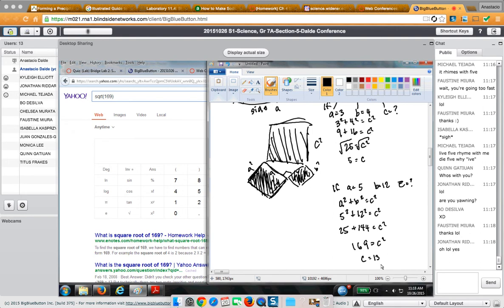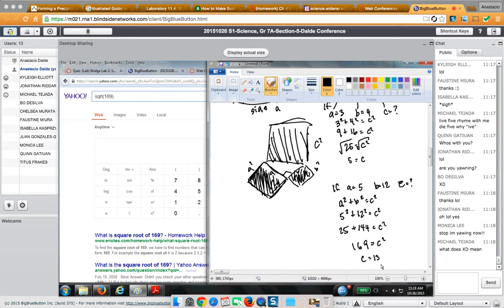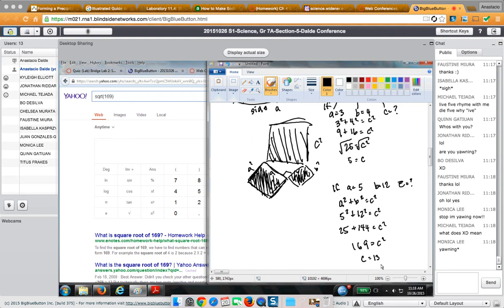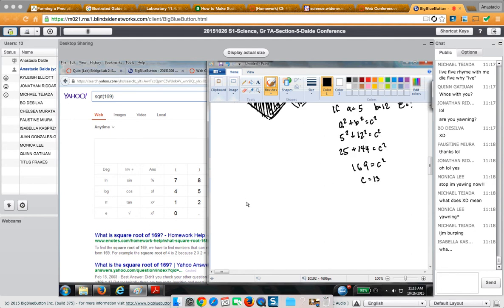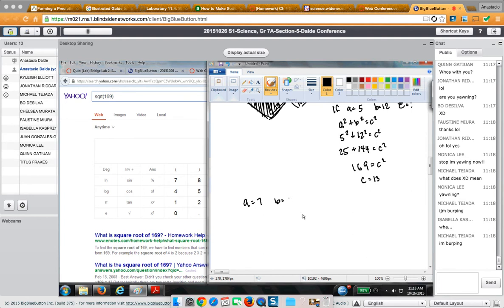All right. But I'll be honest with you, as we've seen, I happen to choose numbers that came out very nicely. Not all numbers come out very nicely. We could choose, for example, let's say, I don't know, a equals 7 and b is equal to, I don't know, 9. What is c equal to? And I don't know if this will come out nicely.